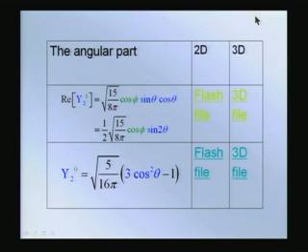And let me do one more plot here on the y20, namely 3 cos square theta minus 1. That's a slightly interesting plot.